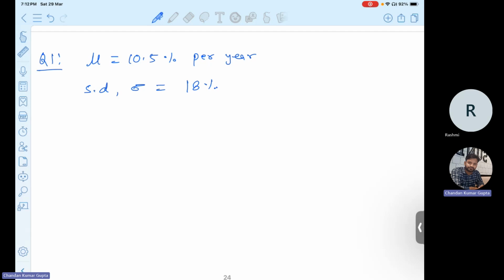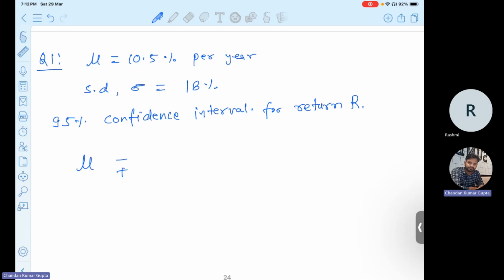So we need to construct a 95% confidence interval for the return, let's say R. Here the mean and standard deviation are already given.